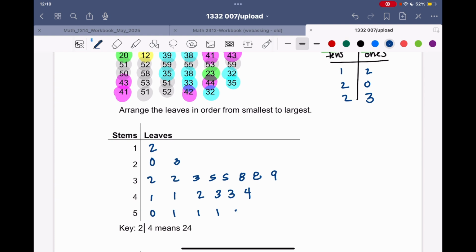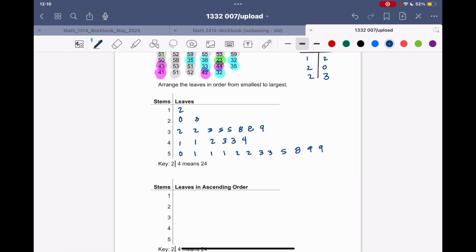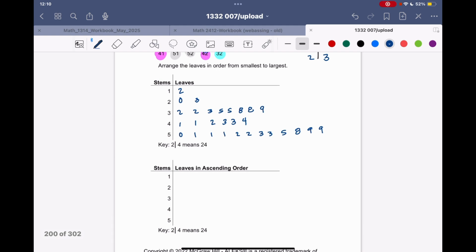I have 2 52s. 53, 2 of those. 55, 58, 2 59s. So I got what, 9. Now it says arrange them in ascending order. That's what we did. Ascending means from least to greatest.